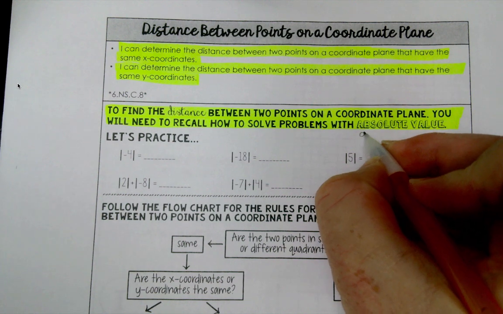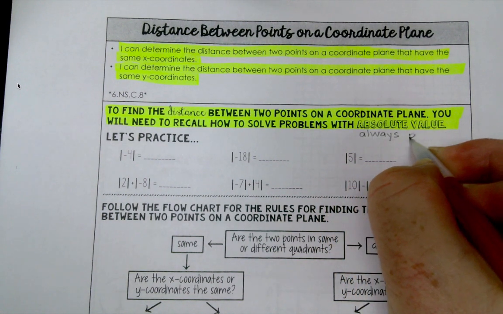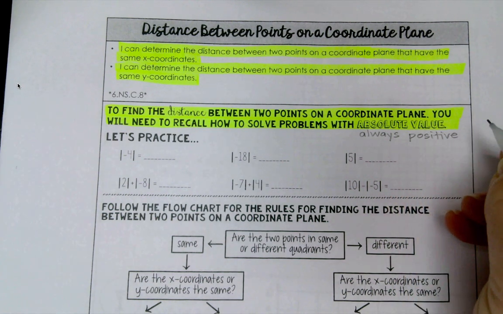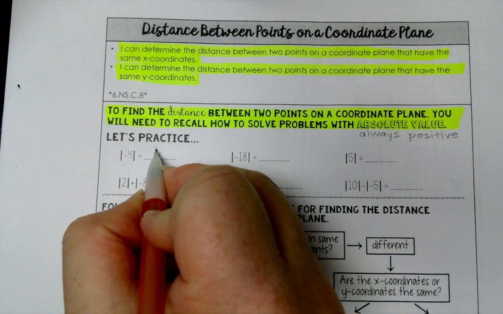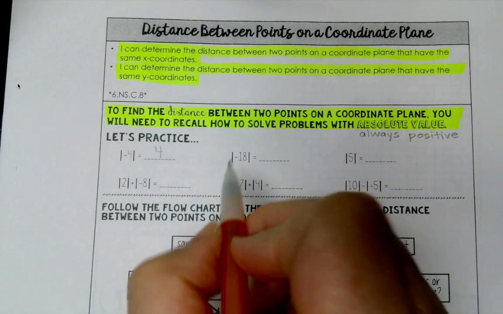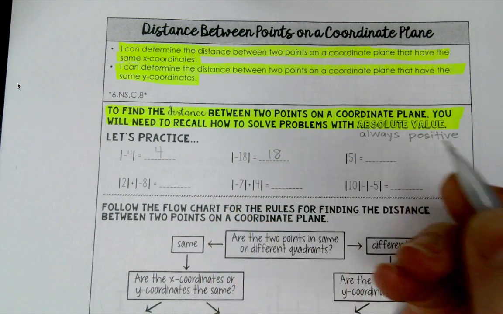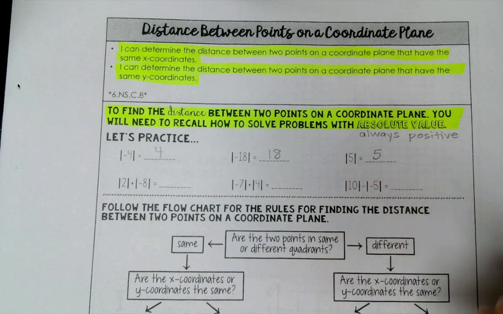So I'm going to write here right below this because we've written this before, and it's a great reminder. Absolute value is always positive. Okay, so let's practice. The absolute value of 4 is 4. The absolute value of negative 18 is 18. The absolute value of 5 is 5.